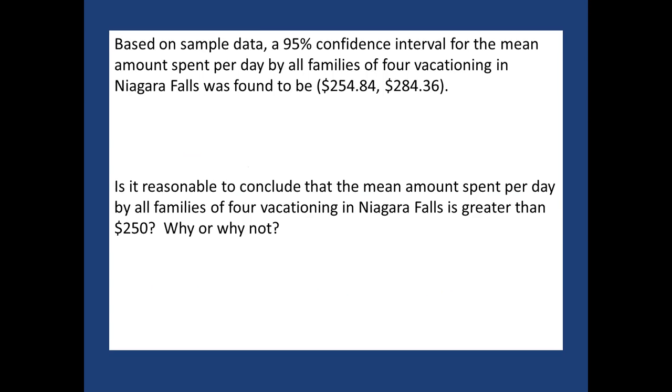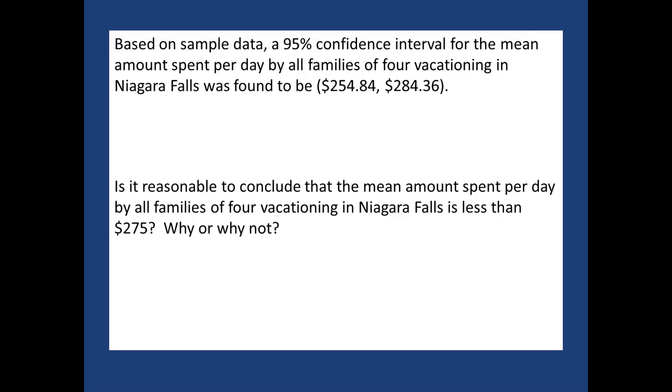So there is a confidence interval that I think is lifted directly out of worksheet number 3. Is it reasonable to conclude the mean amount spent per day by all families of 4 vacationing in Niagara Falls is greater than 250? Well, if you look at the interval, the whole thing is above 250, so the answer that you would end up with would be something like that. Yes, the whole confidence interval is above 250. However, what about less than 275?